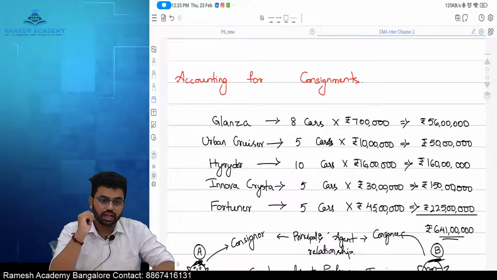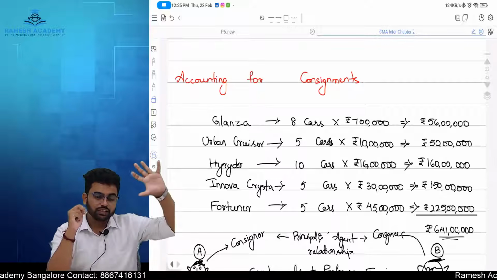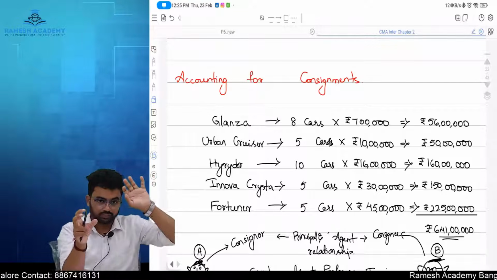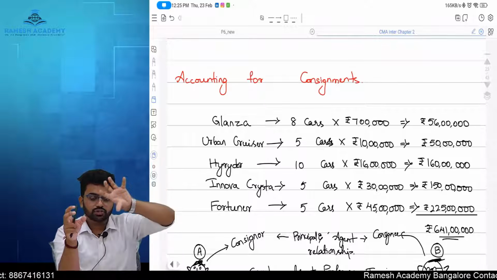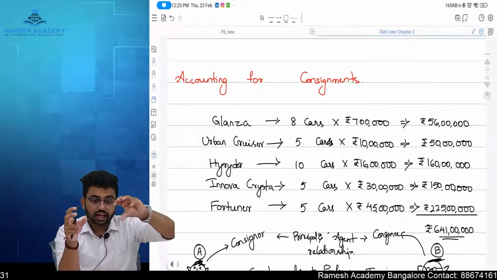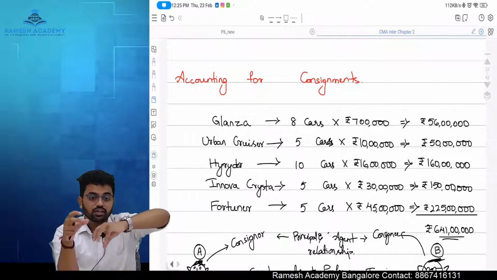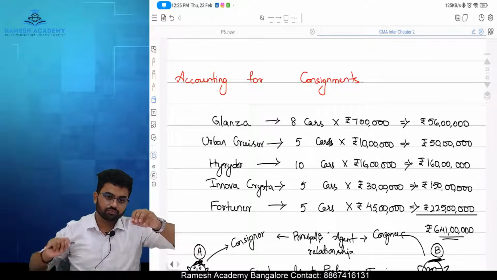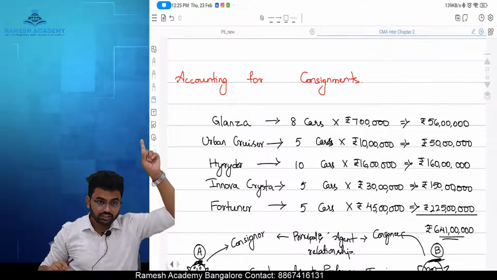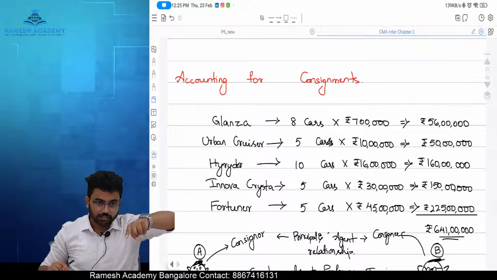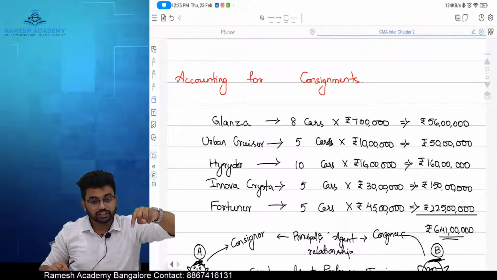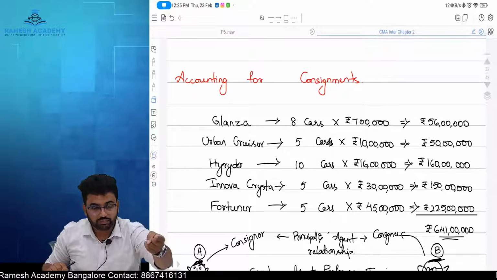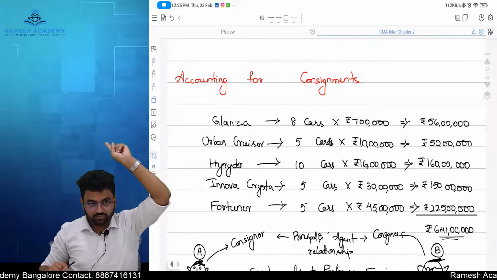But in consignment, one person will send goods to the other person, whereas that other person will sell goods to the customer on behalf of the first person.